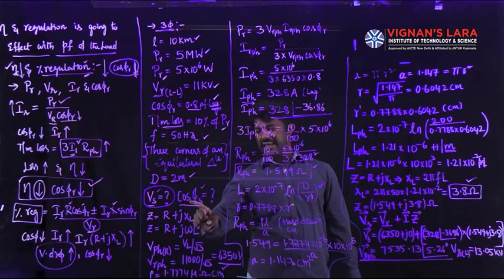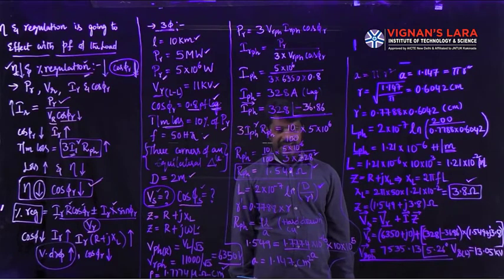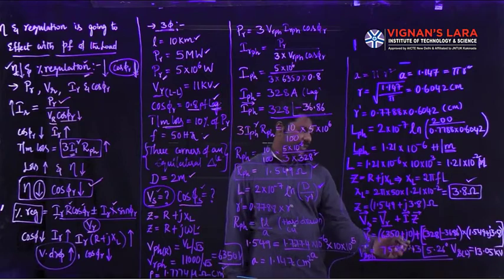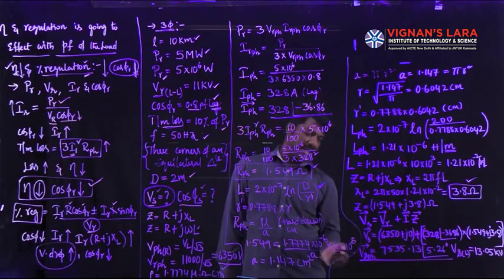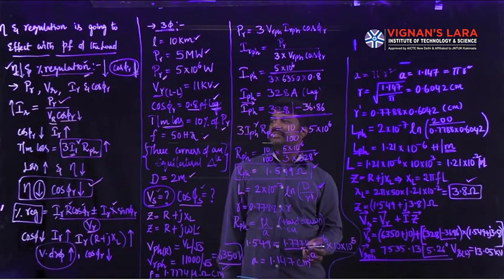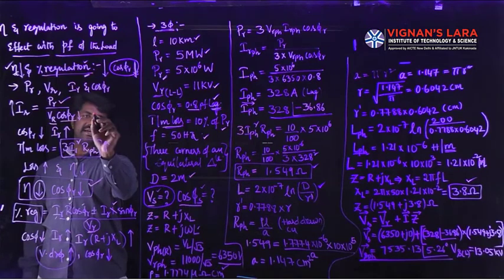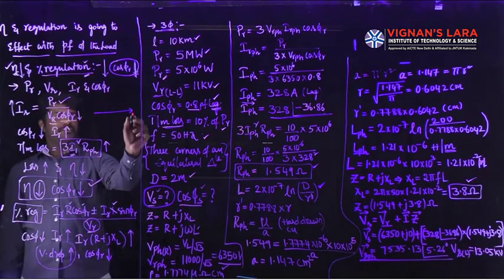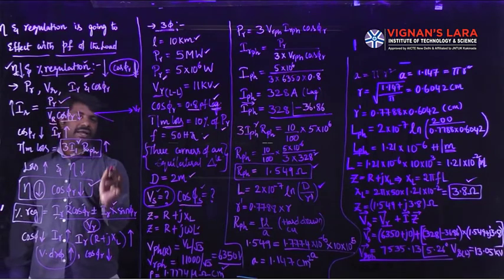And next we want the phase angle. From the phase angle we can get the power factor. So how to get the phase angle? The phase angle is obtained directly if you observe the angles that we have obtained. As I told you, the reference was taken here. Let me write here. The reference was considered as VR. The current IR is equal to IS.